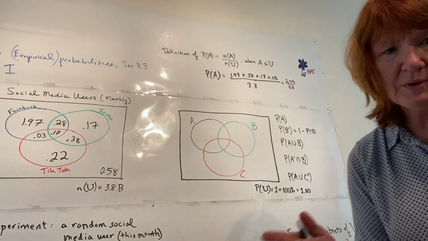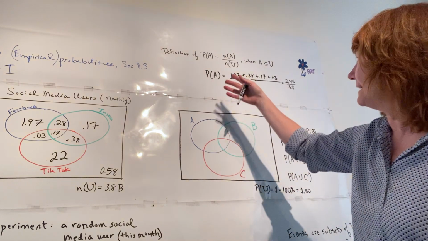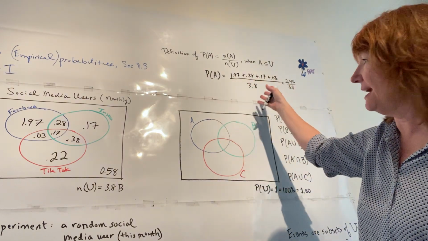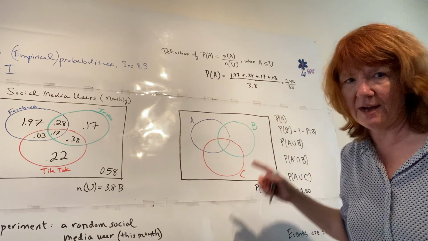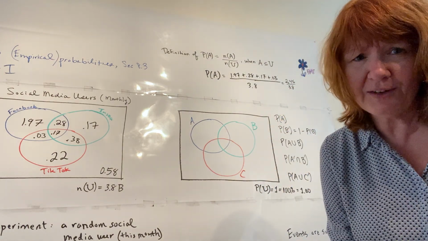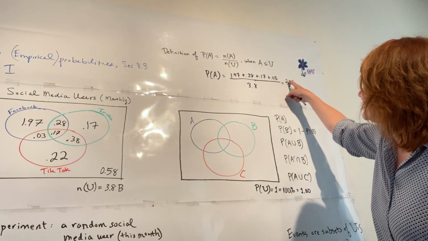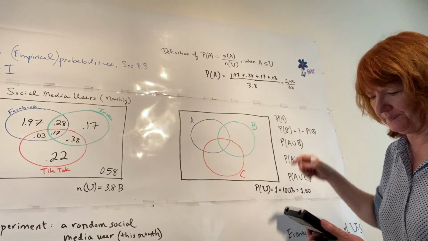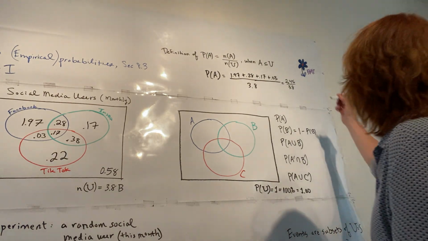That's a number one type error students make. They get asked, what's the probability of event A? And they find the cardinality of A, 2.45, and give that as their answer. That couldn't possibly be a probability, right? So a probability has to be a number less than or equal to 1. And this one turns out to be 0.6447.